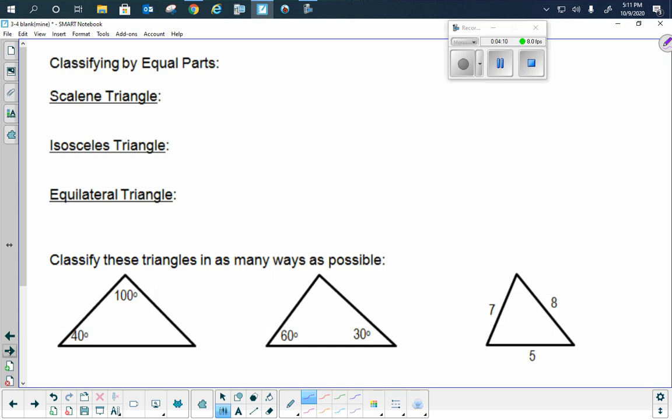So a scalene triangle is a triangle in which no 2 sides are congruent.